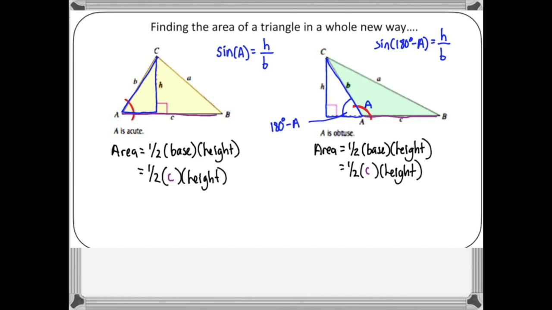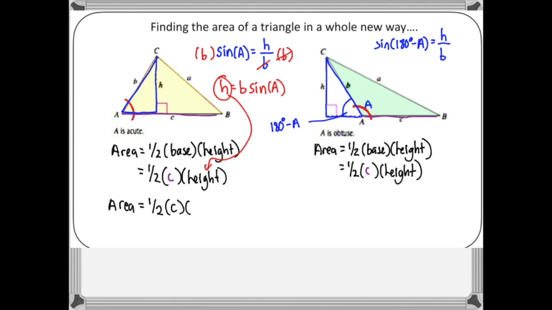We have a pretty easy job because if I multiply each side by the length b, these are going to cancel out, and I'm going to get the height equals side b times the sine of A. And so I can make this switch right in for here, and the new area is going to be area equals 1/2 c times b times the sine of A.